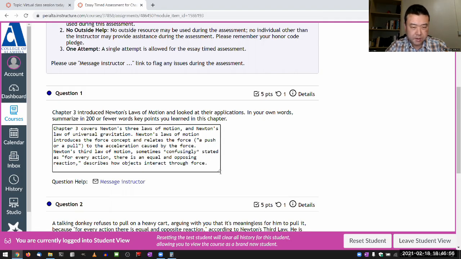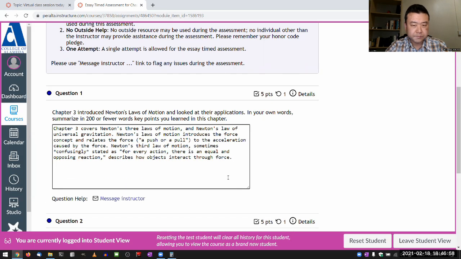Yeah, and I guess I'll say the chapter also described several types of forces, such as normal force, friction force. I think I covered the spring. Did I cover spring force? Maybe, maybe not. I might be bringing that in from chapter 4.